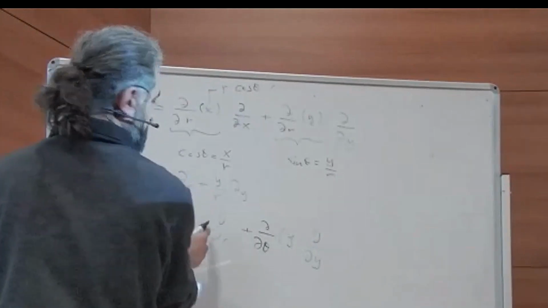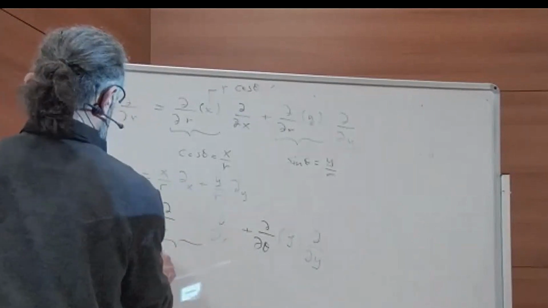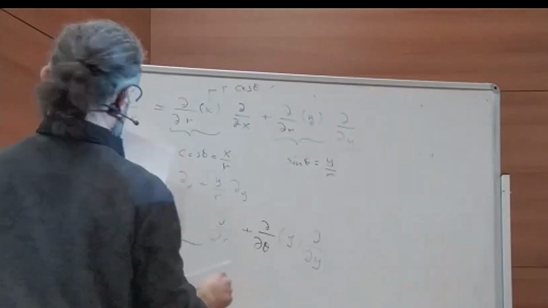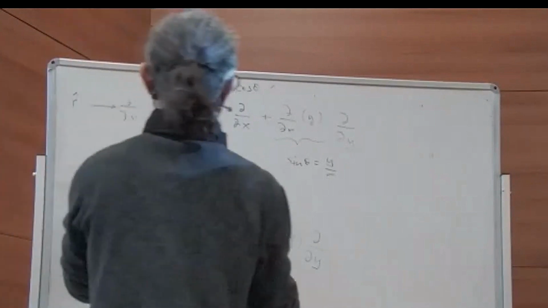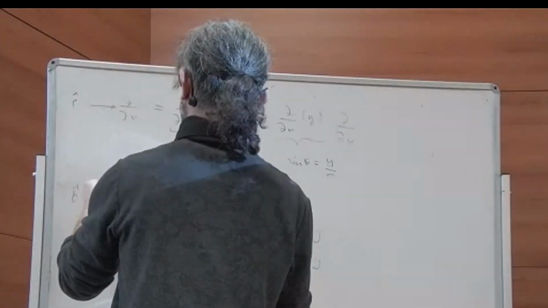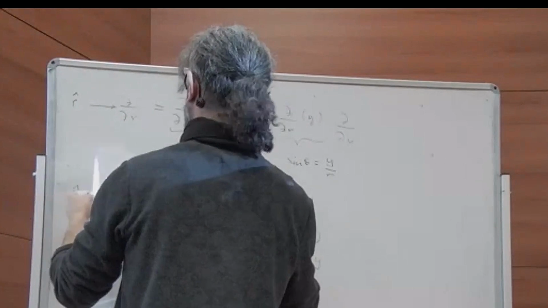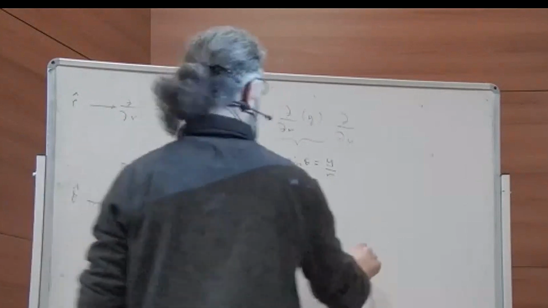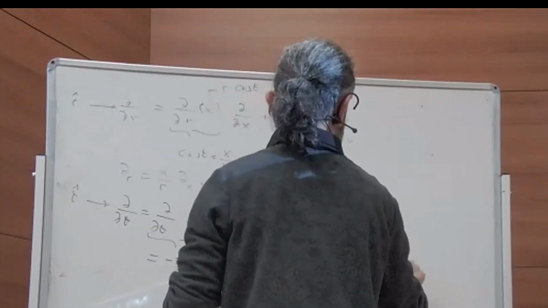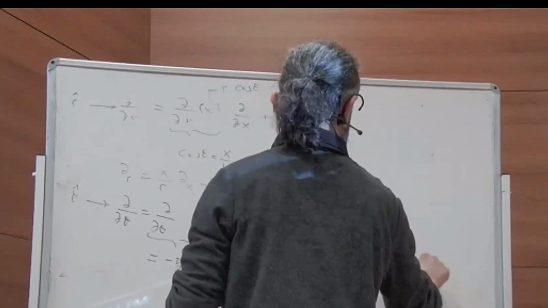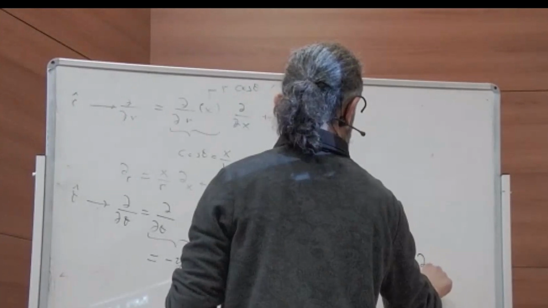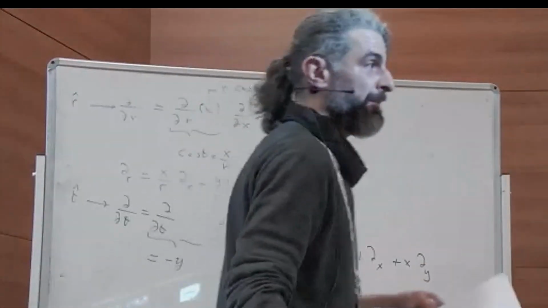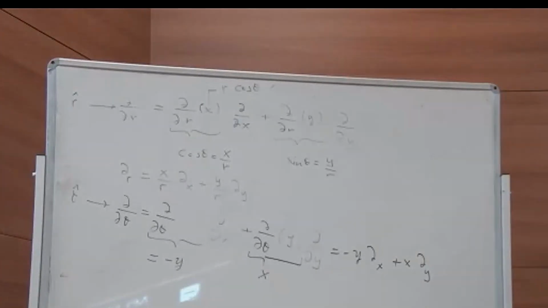It is not a homework, but please try to calculate these things by yourself, as Özgür has mentioned before. So this is minus y dx plus x dy. This is a Killing vector field generating the rotations on the plane.